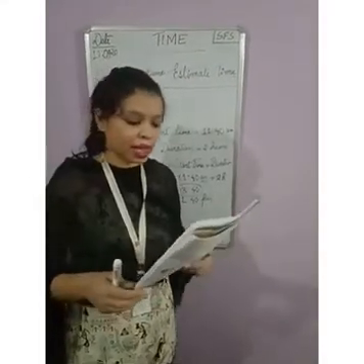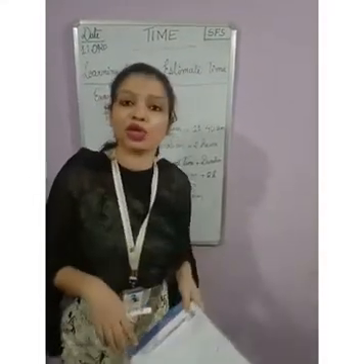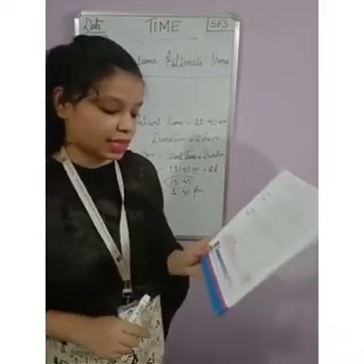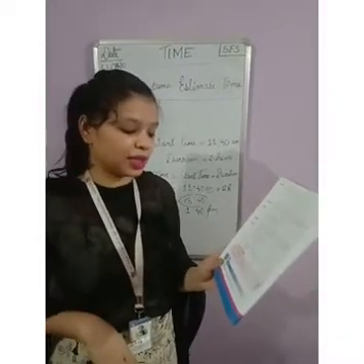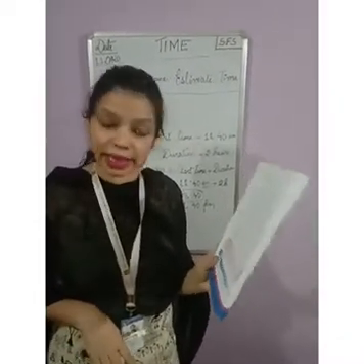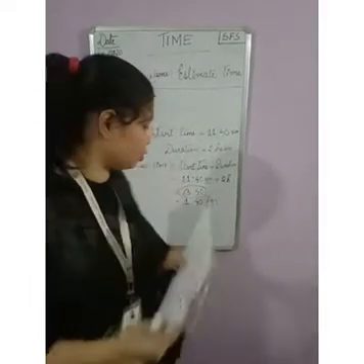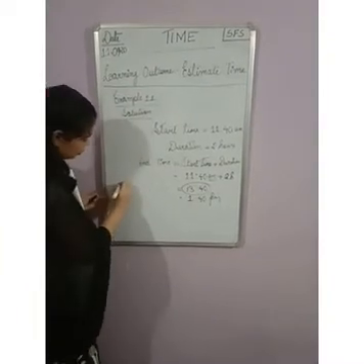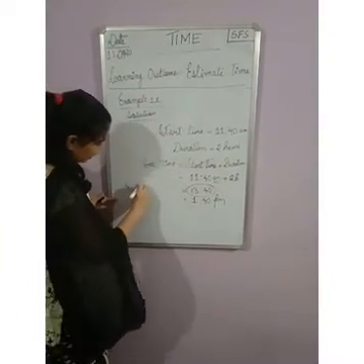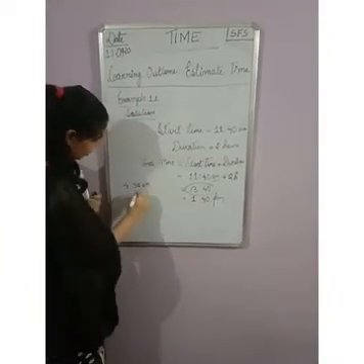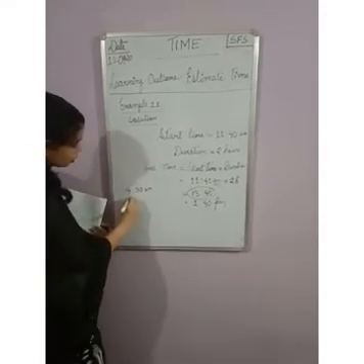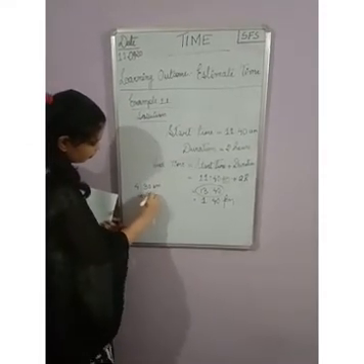Okay children? The next question is about time, might be on page number 70. Find the time interval between the following. Number A, 4:30 AM and 2:30 PM. Okay? So it is given 4:30 AM and 2:30 PM.